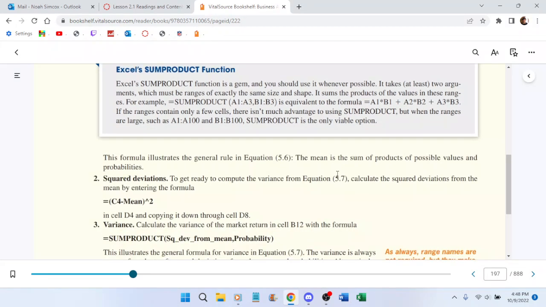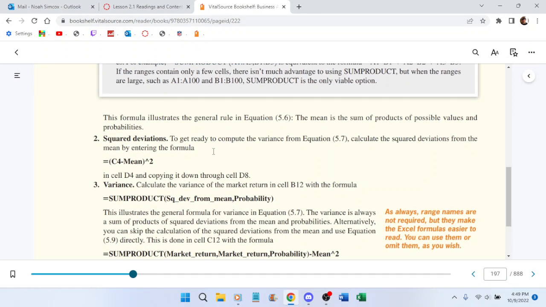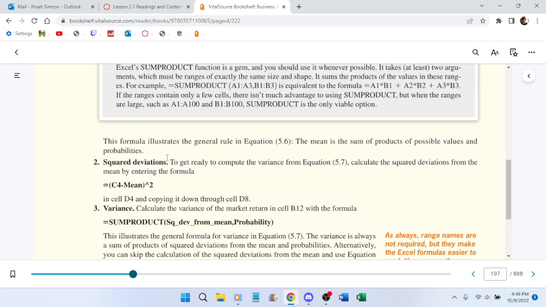Okay. Yes. Squared deviations equals C4 minus mean. Okay.